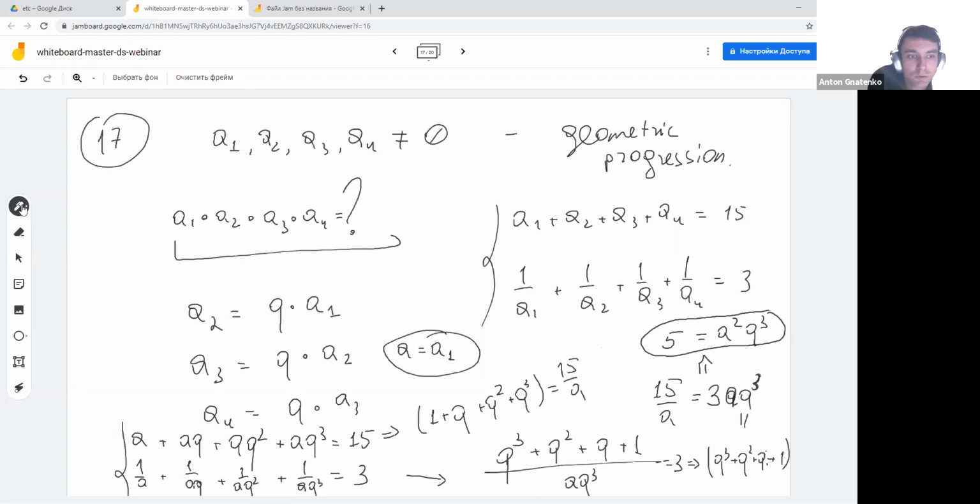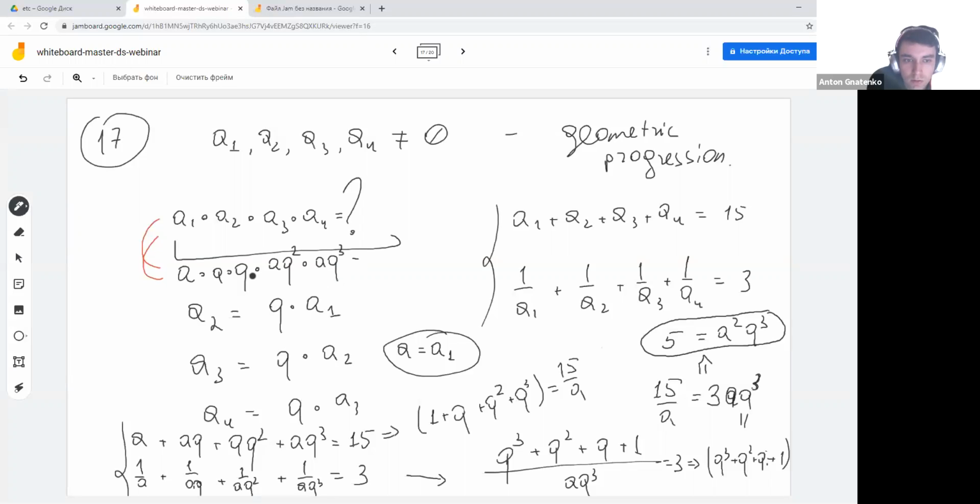Now it is time to rewrite actually the thing we wanted to compute. As it is a geometric progression, I have A1 equals A, A2 equals A times Q, A3 equals A times Q squared, and A4 equals A Q cubed.